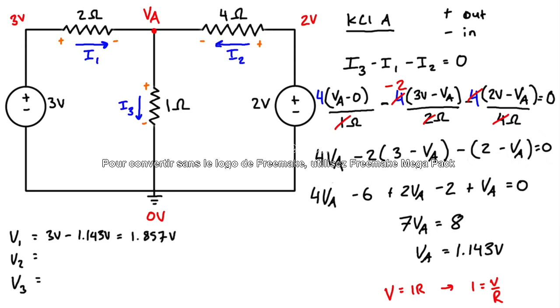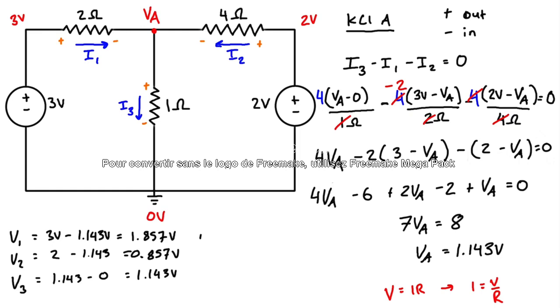For V2, we have 2 minus 1.143, and that's equal to 0.857 volts. And then for V3, we just have 1.143 minus 0, so that's equal to 1.143 volts.